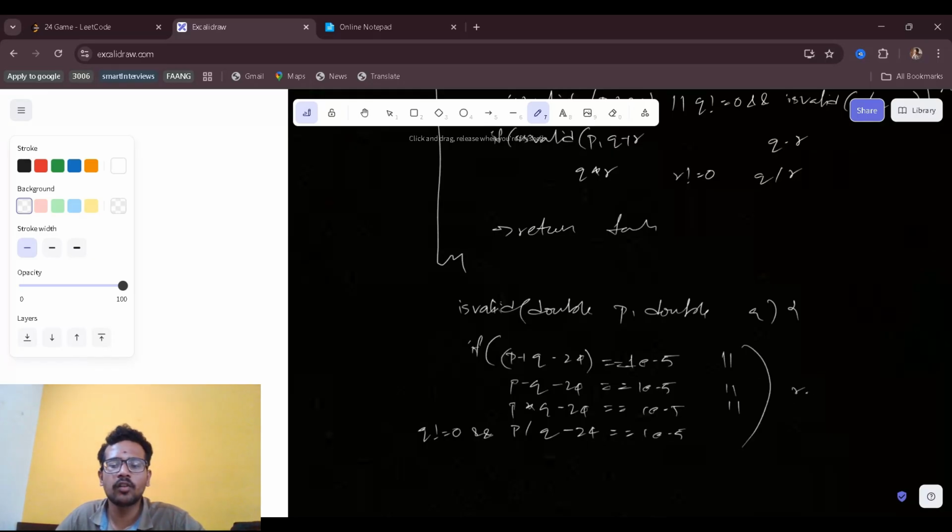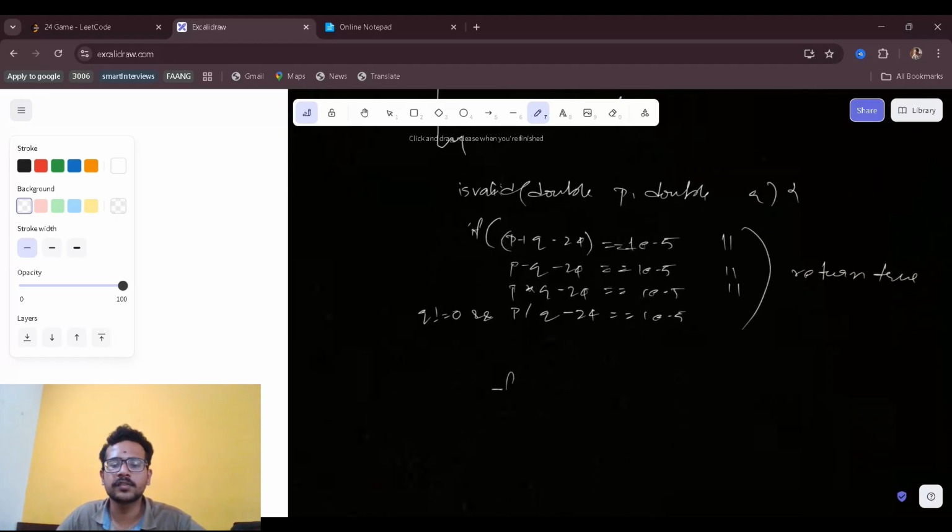Then if any of this is true, then return true. If not, return false at the end.